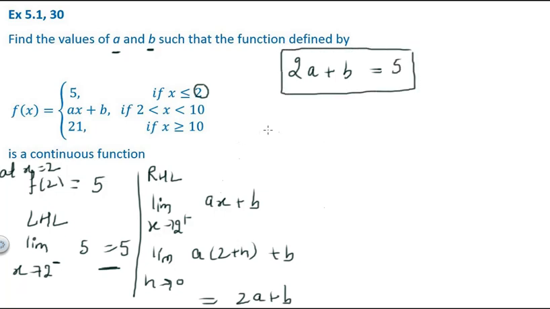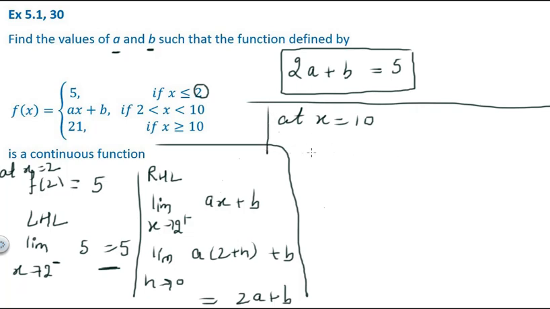Now let us check at x equals 10. At x equal to 10, we have f of 10 as 21, as we can see here. Let us find our LHL. Limit x tending to 10 minus.